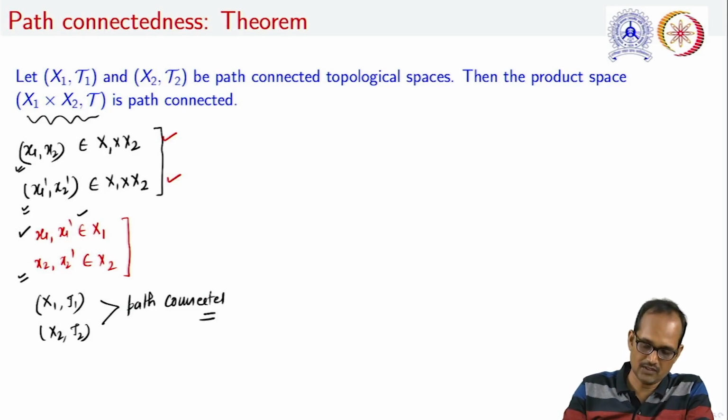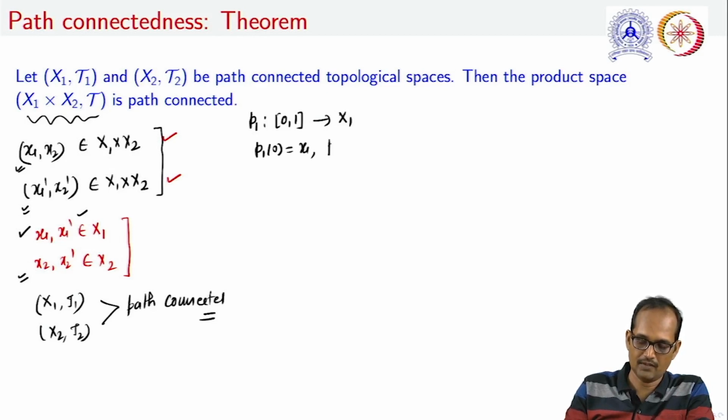So let us take a continuous function p1 from the closed interval 0 1 to X1, connecting x1 to x1 dash, that is p1(0) is x1 and p1(1) is x1 dash.